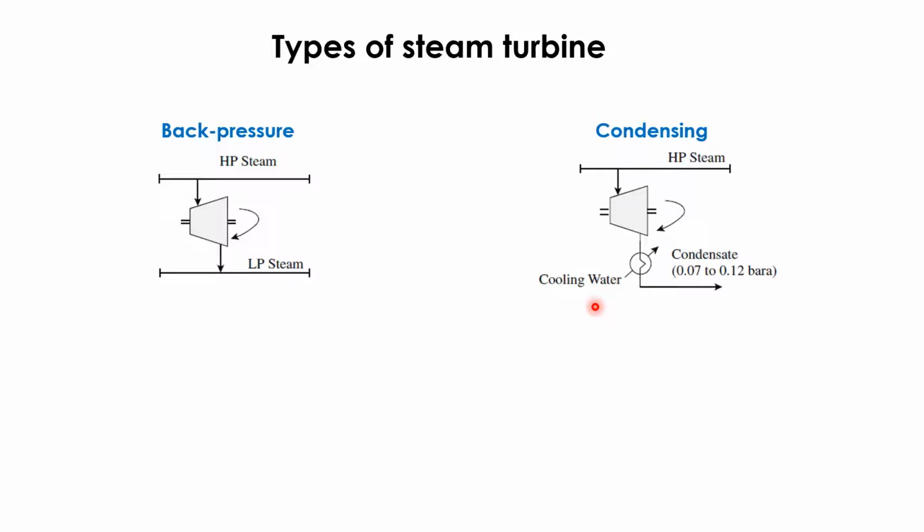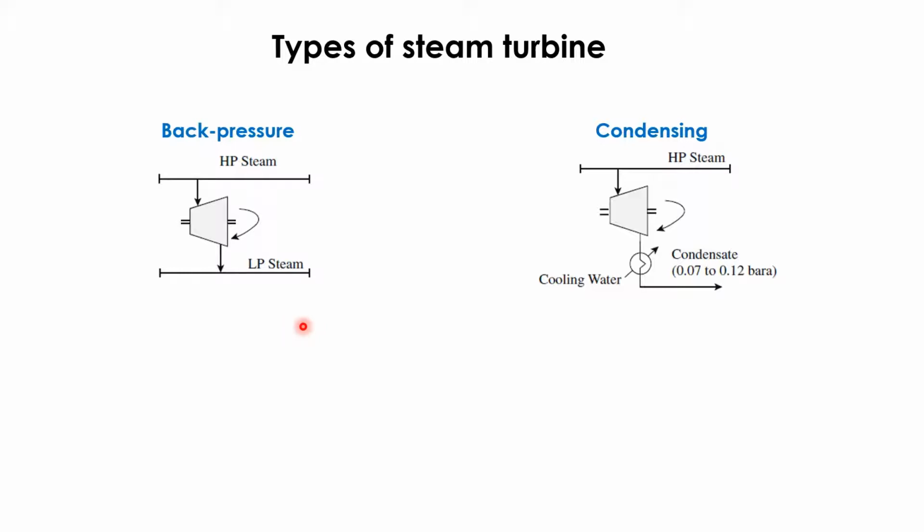turbine. This figure shows that back pressure turbines operate between high pressure steam and low pressure steam, and the pressure of the low pressure steam is controlled somewhere else.